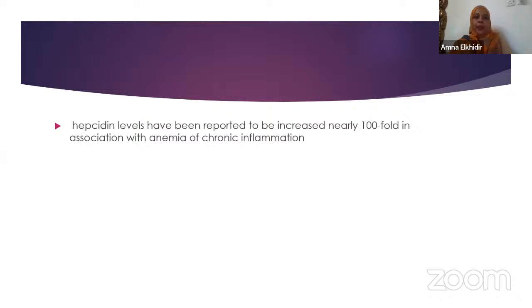Hepcidin levels have been reported to be increased nearly 100-fold in association with anemia of chronic inflammation. Hepcidin is a protein that decreases the availability of iron and decreases iron absorption. So in anemia of chronic disease, we have increased hepcidin levels.